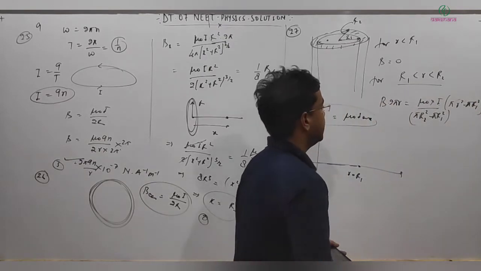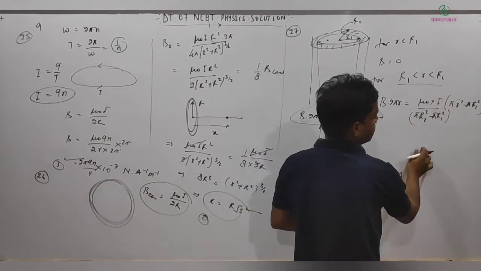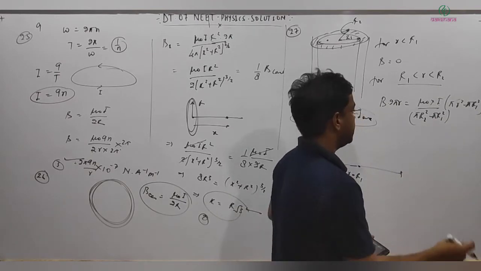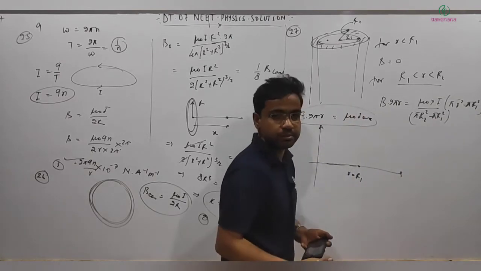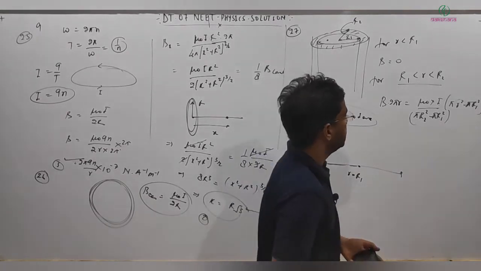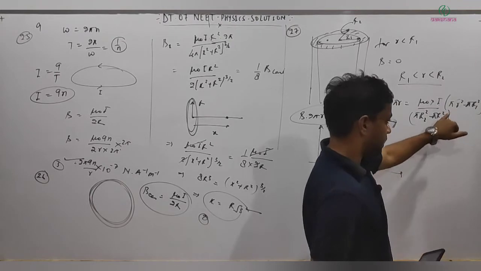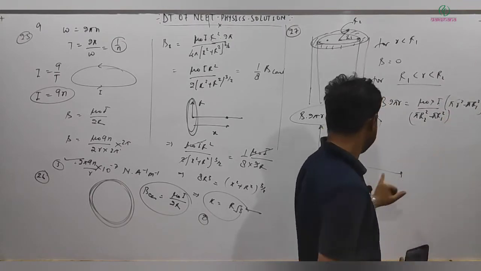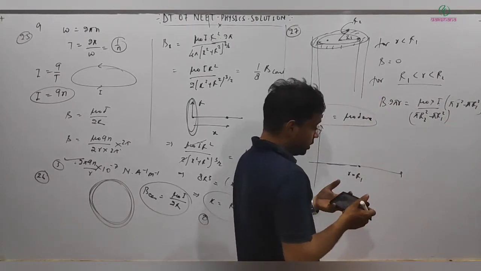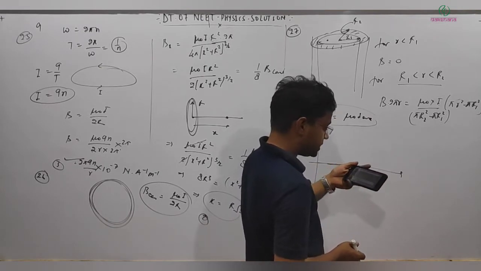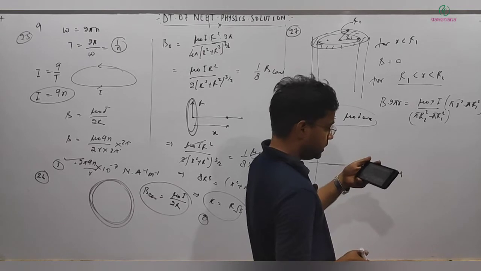Simplifying, it's not coming straightforward. Starting from 0, at r equal to R1 it will be 0, so it will start from 0, but the graph will not be linear, so it will match with either second or fourth.